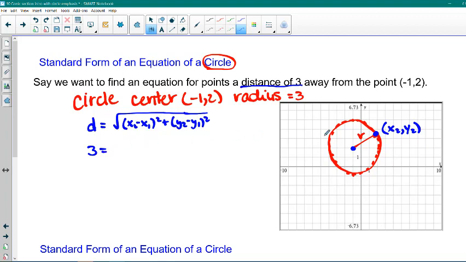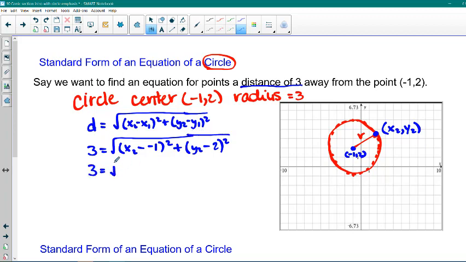3 is the distance between these two, is equal to the square root of (x sub 2 minus, remember this is the point (-1, 2), negative 1) quantity squared, plus (y sub 2 minus 2) quantity squared.